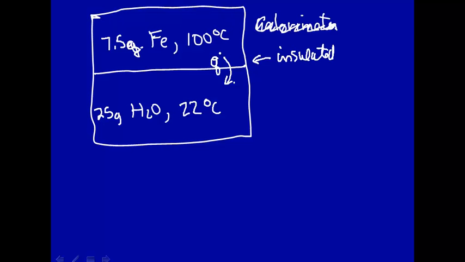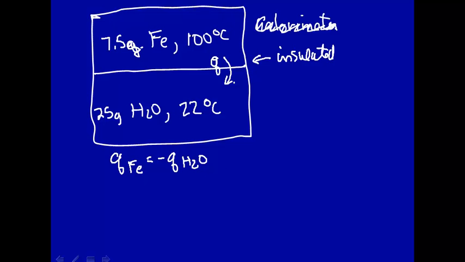So the only way the heat can flow is from the iron to the water. It can't get out of here. All right, so let's try to figure out what's happening here. Since this is insulated, the Q for the iron is equal to minus Q of the water.